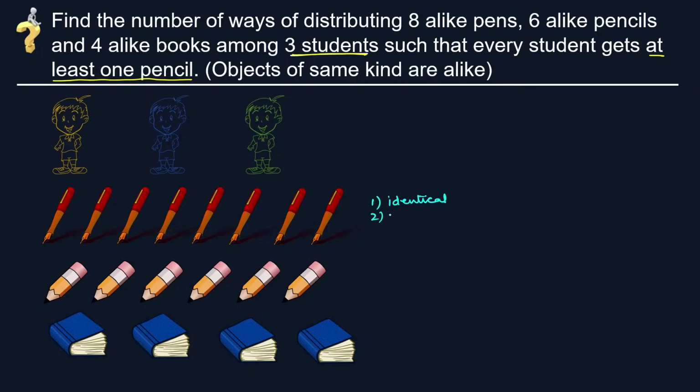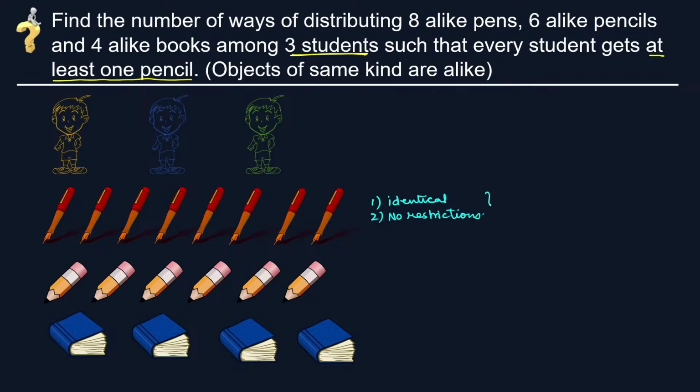Number 2, there is no restriction, because any number of pens can go to any of these 3 students. So there are no restrictions in distributing these 8 identical pens among these 3 students.